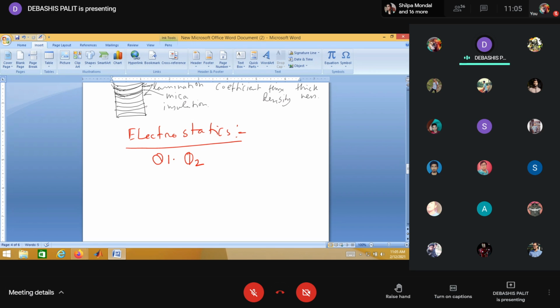Two charged bodies are there, charge Q1 and charge Q2, separated by distance d.